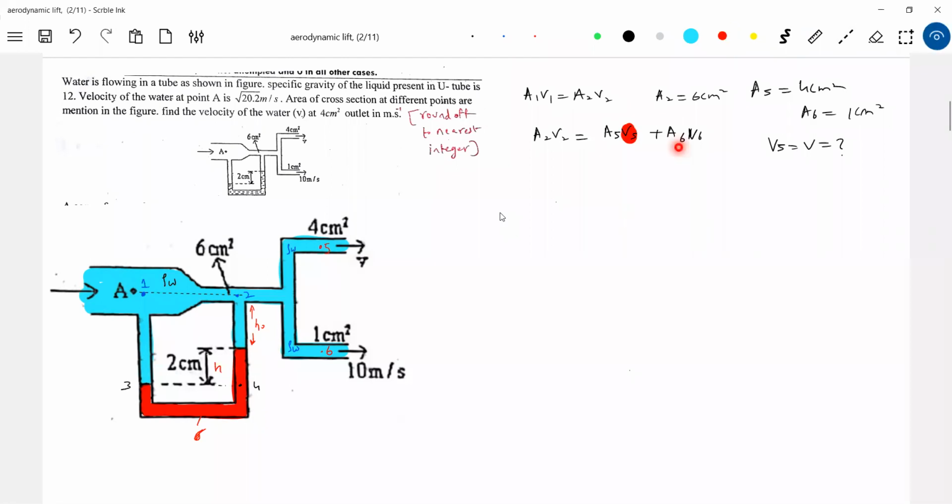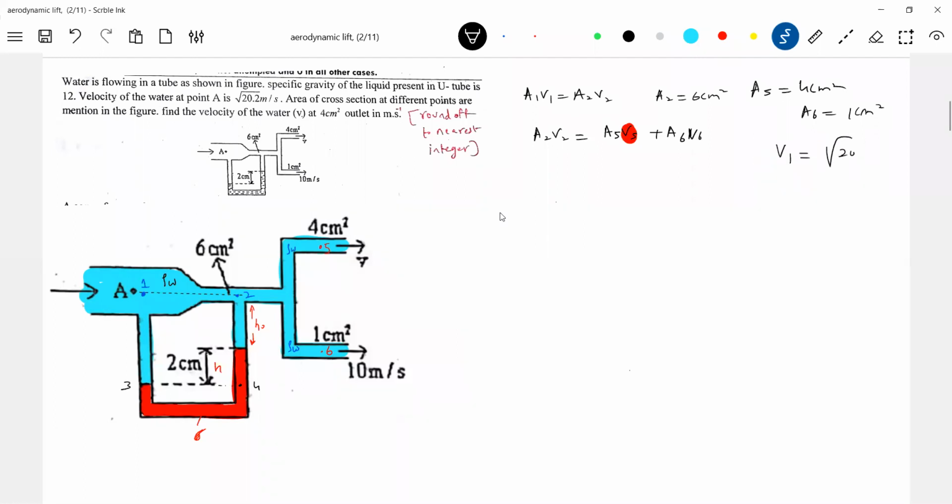We know A6 and V6, we know A5, we know A2. If I can get V2, I can get V5. To get V2, we know A2, but A1 and V1 we don't know. What velocities we know, we'll write on this side.